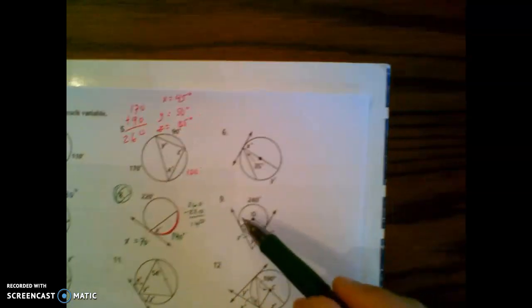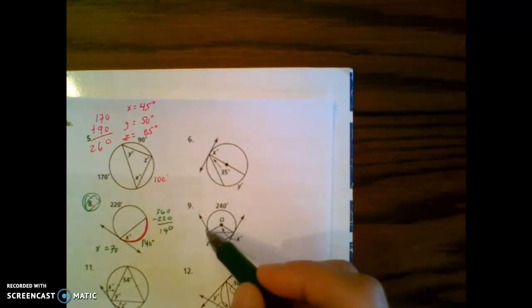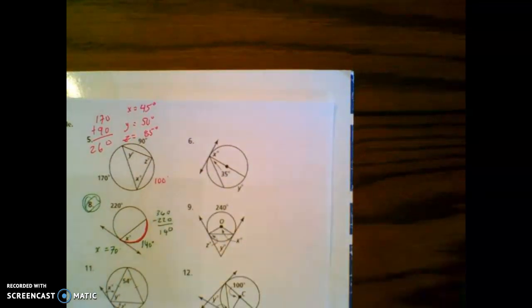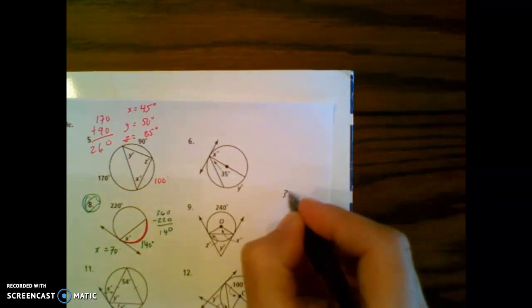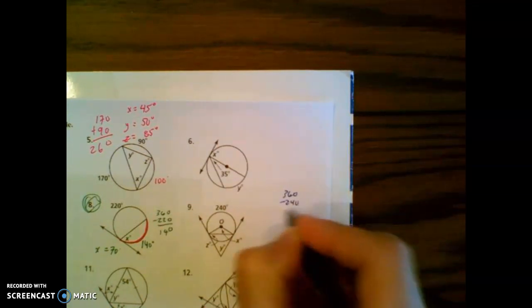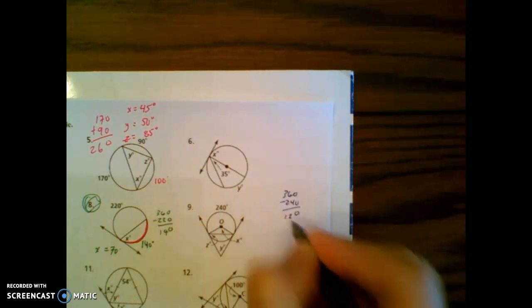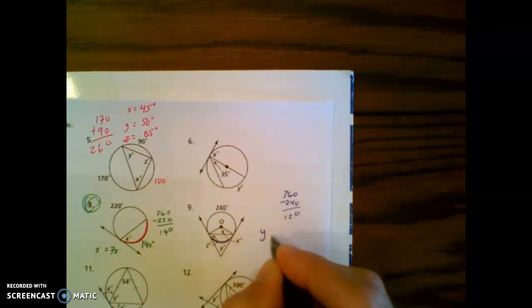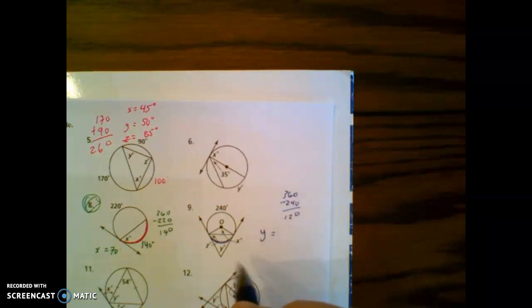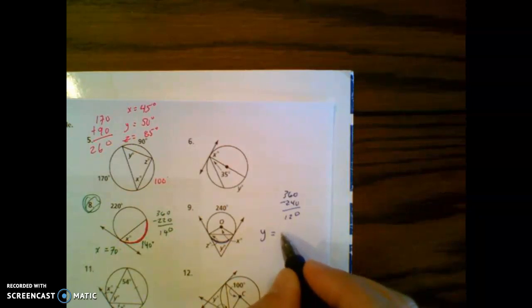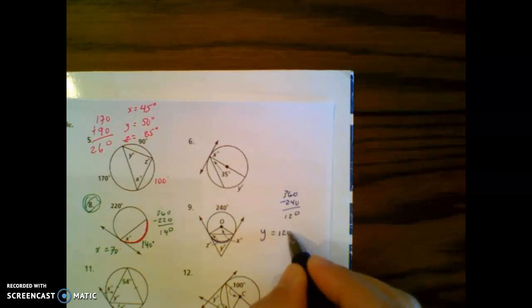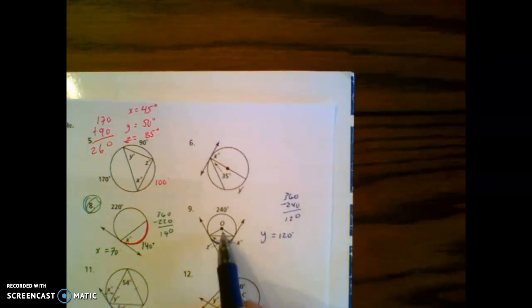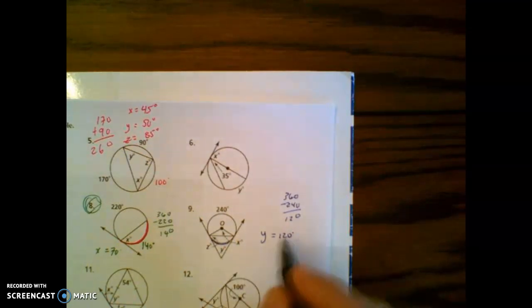Down here on number 9, I see part of the circle is 240. Again, I do 360 minus that. 360 minus 240 is 120. So that's a 120 degree arc right here, which was Y. X is a central angle that makes that 120 degree arc.